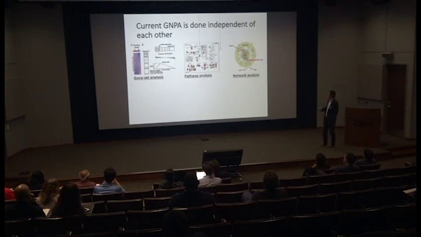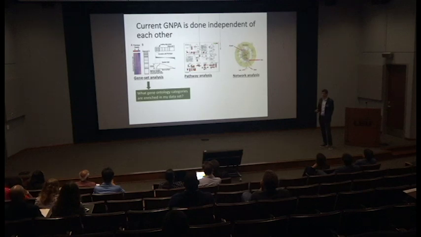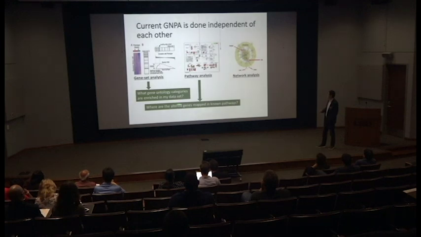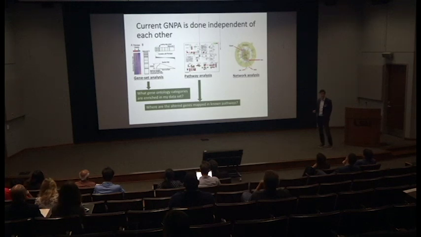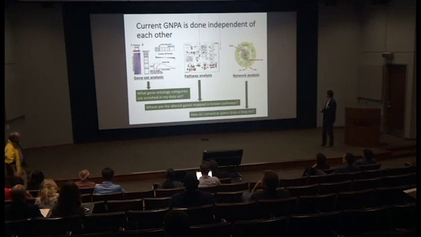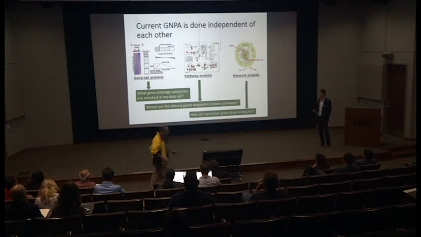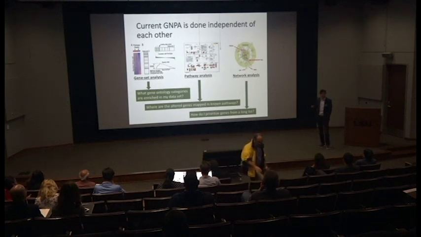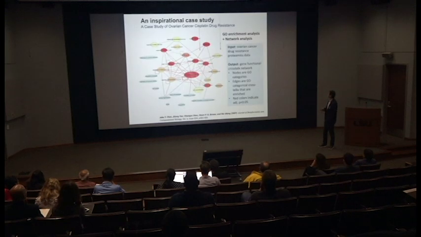You do gene set analysis, pathway analysis, network analysis. The gene set analysis helps you figure out what gene ontology category is enriched in the data set. Pathway analysis helps you map the genes that are altered in the pathway context. Network analysis helps you prioritize genes. But then they all seem to be independent of each other.